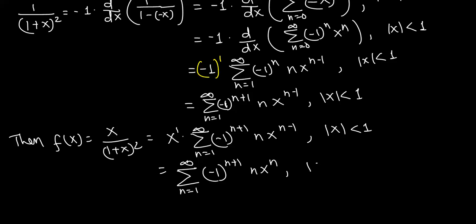And this is valid for absolute value of x less than 1. This is the same as negative 1 to 1. Okay, final. So this is the interval of convergence, and this is the power series for the given function x over (1 plus x) quantity squared. Final.